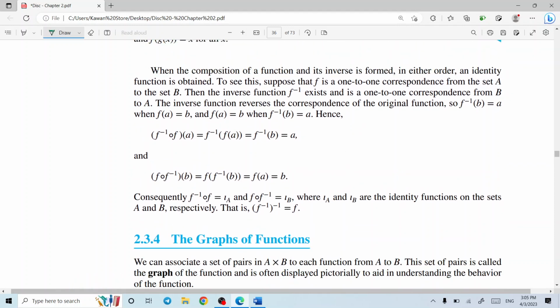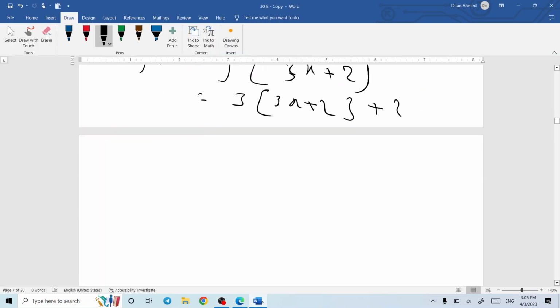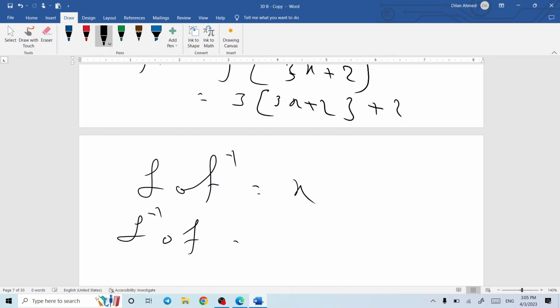Do you have any question? And there's one very important property that composition gives us. If I compose a function with its inverse, I'll get the element back. Understood? And vice versa is also true. I'll get y from the other side and from that side. So I'll get the identity element, just x.